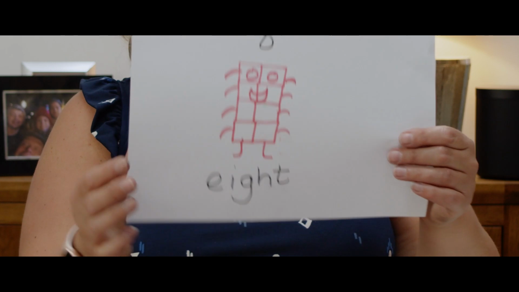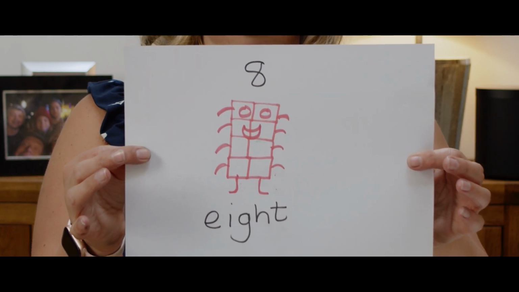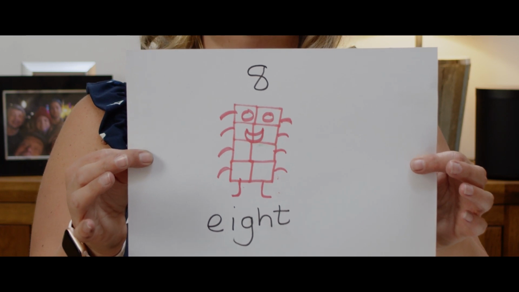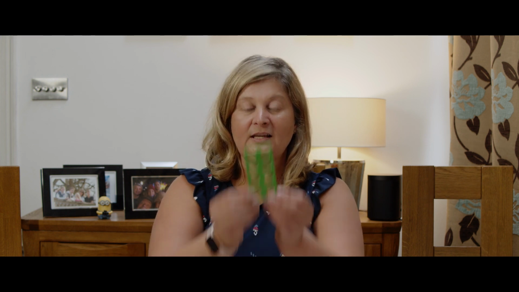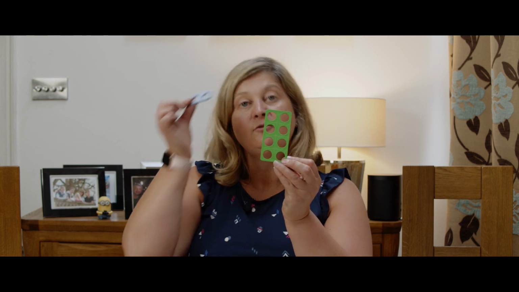So I've got my number 8 number block here. It's very funny, doesn't he? Number 8. So before we do anything at first, we're going to have a look at how we can count to number 8 in 2s. So I've got my number 8 Numicon piece here, and I've got some 2 pieces.